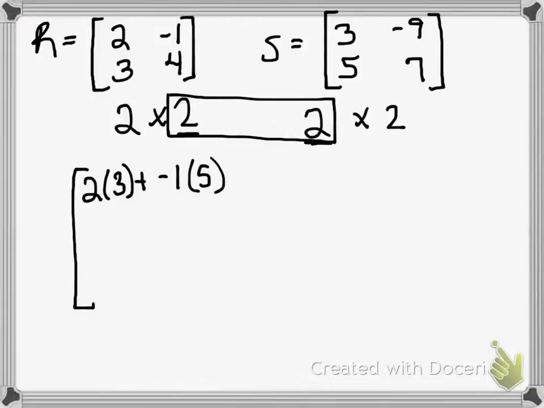So I took this 2, multiplied it by the 3, and then I took the -1 and multiplied it by the 5, and I added those two products together. For the next number, I'm going to take 2 and multiply it by the -9. That's from here, this 2 times this -9, and add that to -1 times the 7.